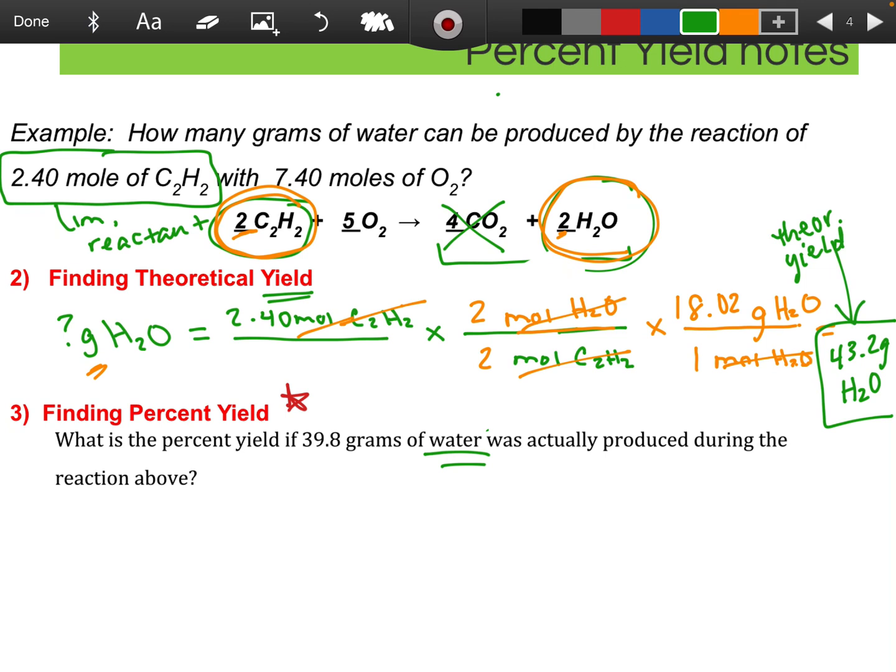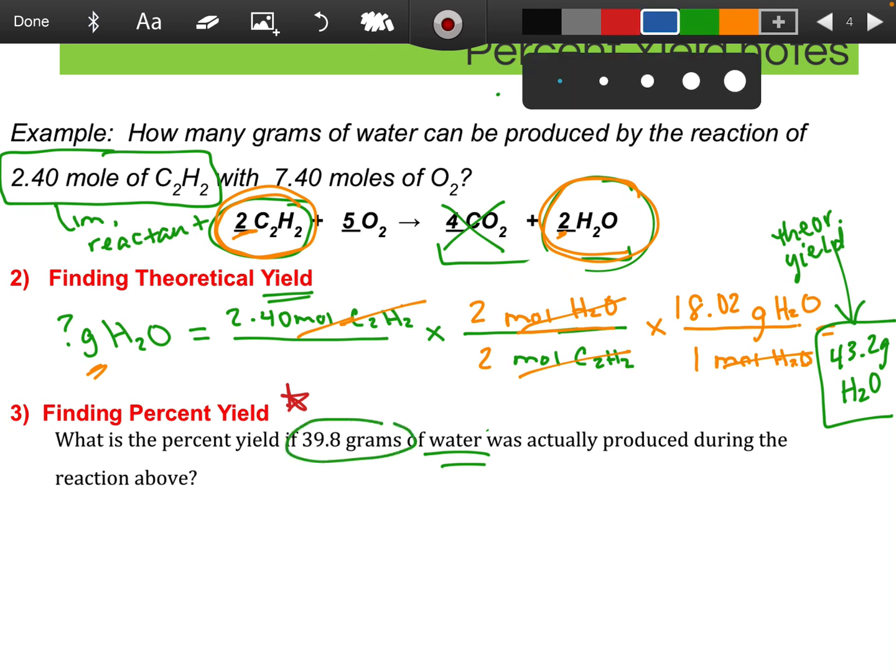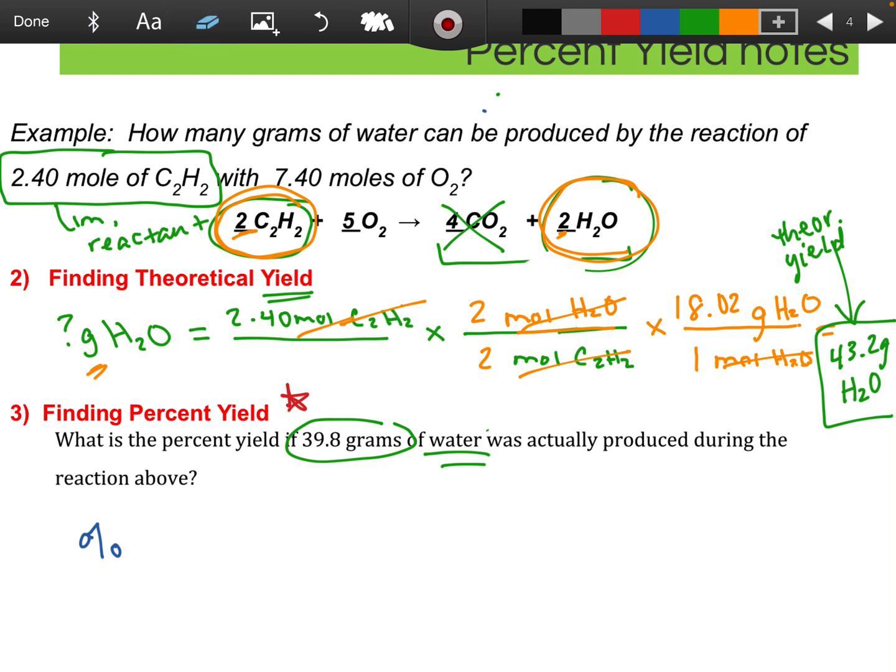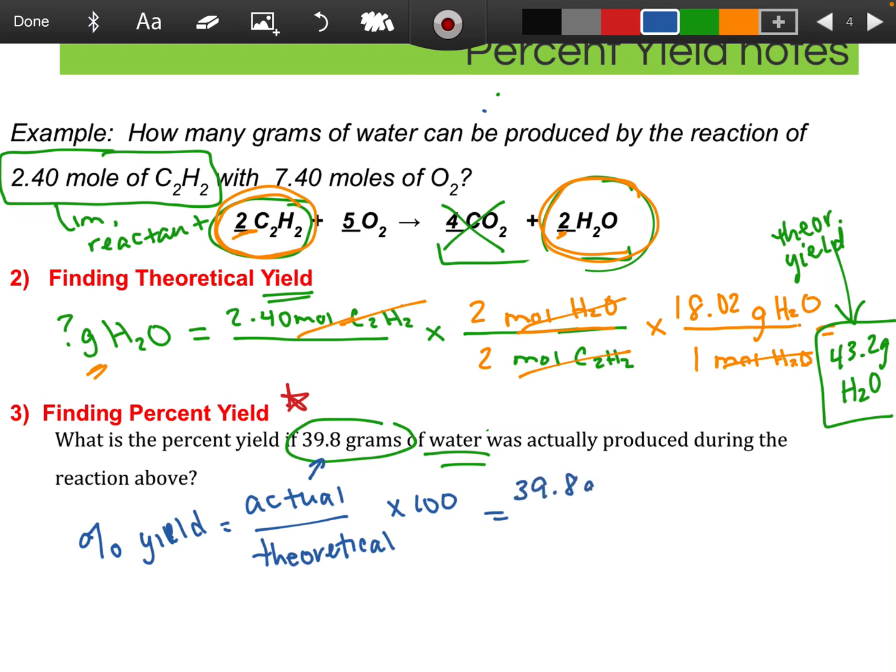Problem number 3 says, what's the percent yield if 39.8 grams of water are actually produced? So we know how much is actually produced, and we're going to compare it to how much should have been produced. For your percent yield, again, you take your actual yield divided by your theoretical yield, and then you have to take it times 100 to change it to a percent. Our actual yield is what was actually produced in the reaction, and we're comparing that to our theoretical yield, which is what should have been produced.